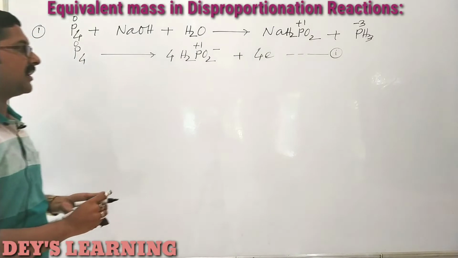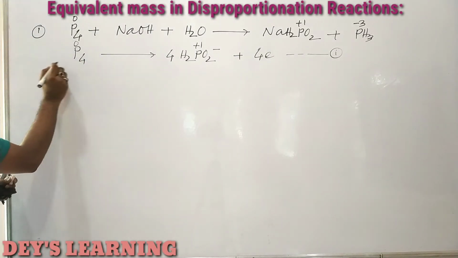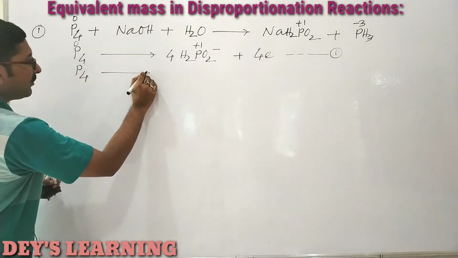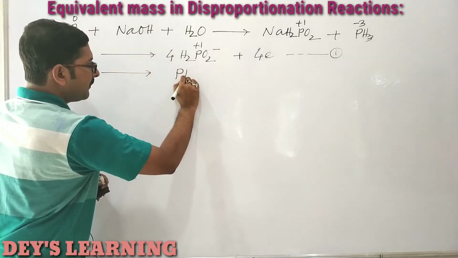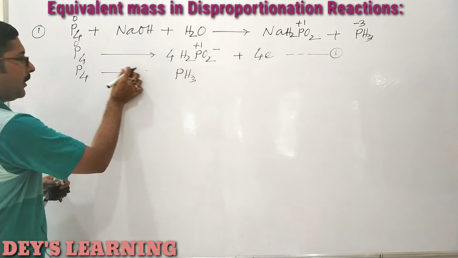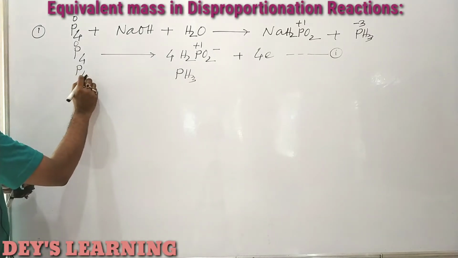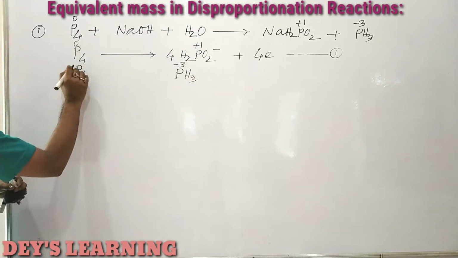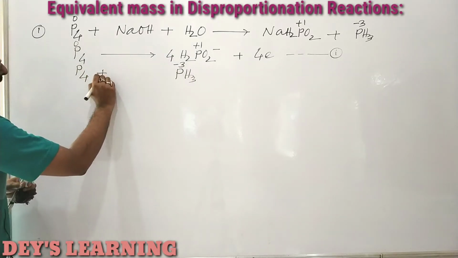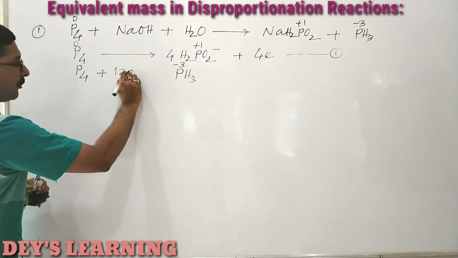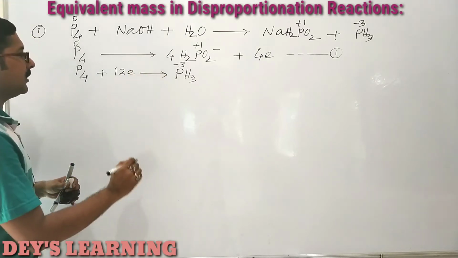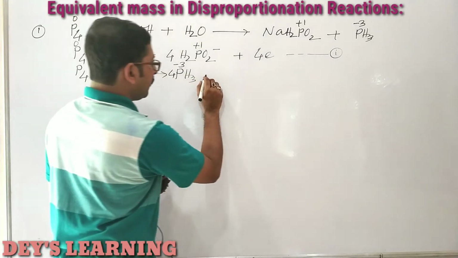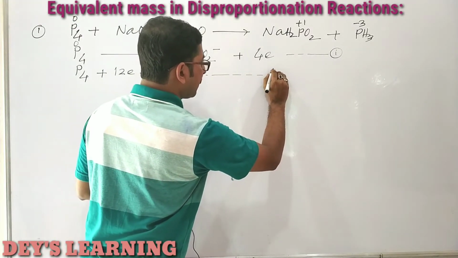This is our oxidation reaction, and P4 is reduced to phosphine after accepting 12 electrons, because the oxidation number of phosphorus is minus 3 here, here is 0. So after accepting 12 electrons, it will be transformed to 4 molecules of phosphine. So this is our reduction reaction, this is our reaction number 2.